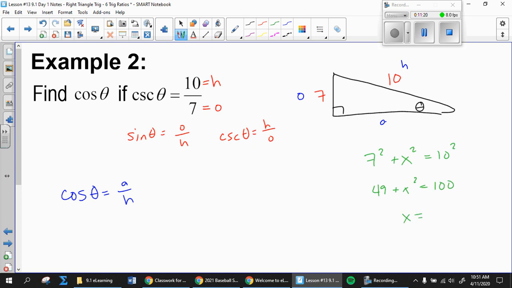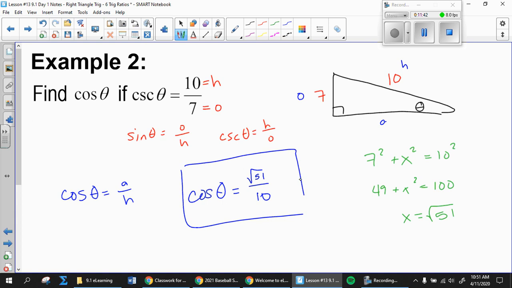So x equals square root of 51. And so cosine of theta equals adjacent, which we just said is root 51, over hypotenuse, which we said is 10. There's no simplifying that needs to be done there, and so that is my final answer.